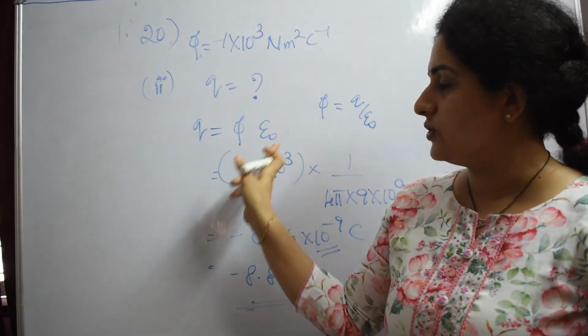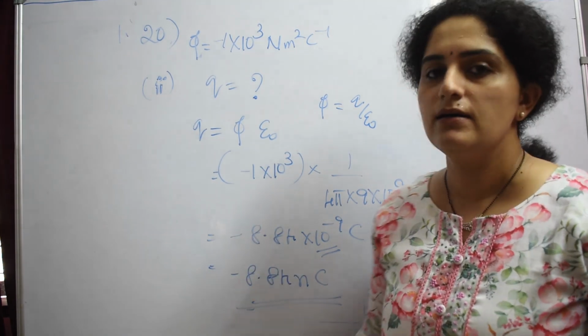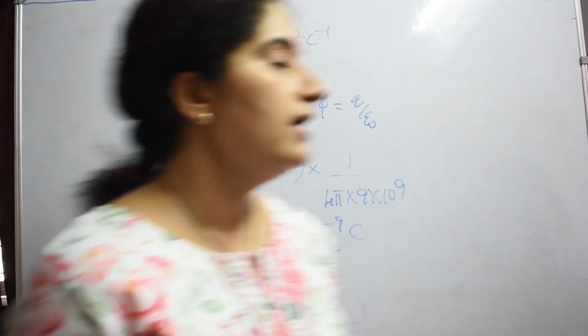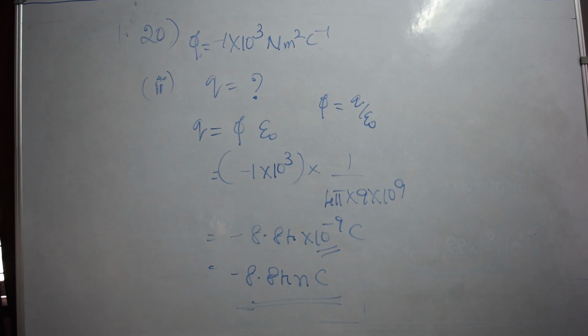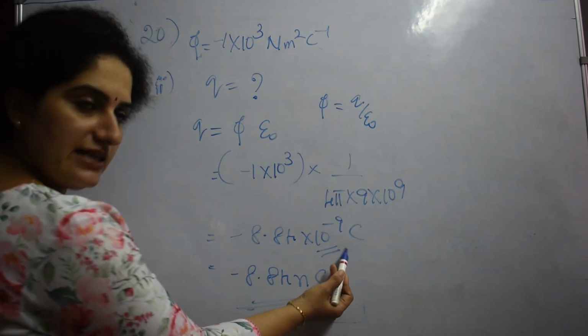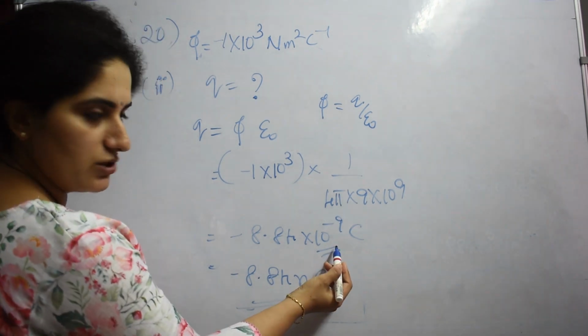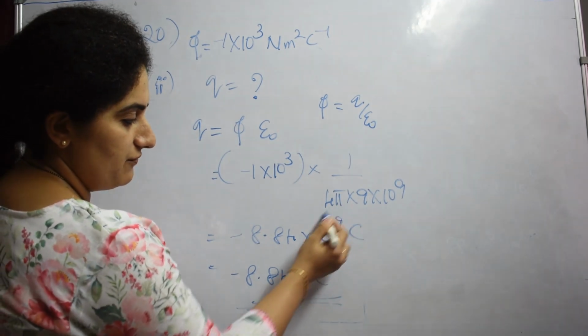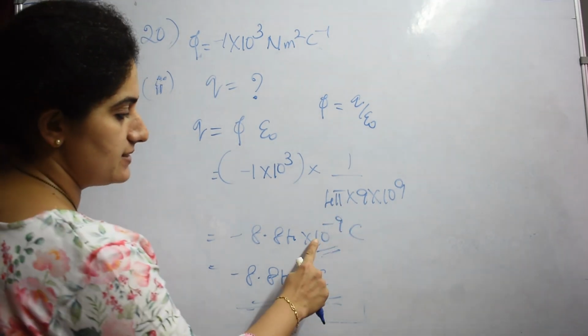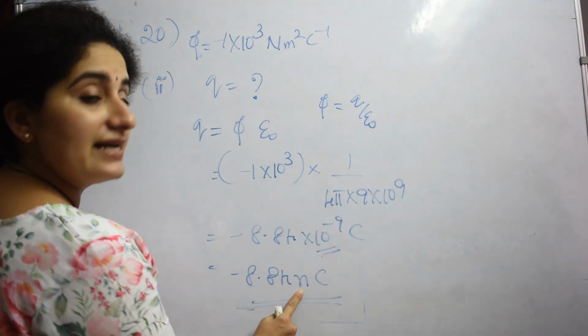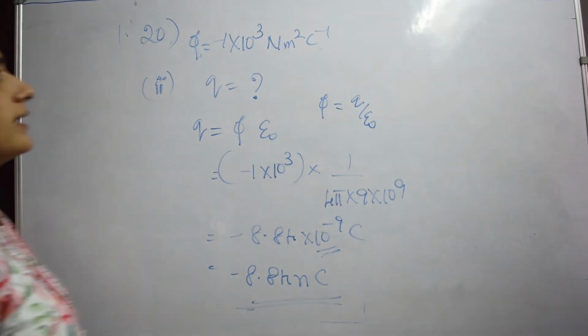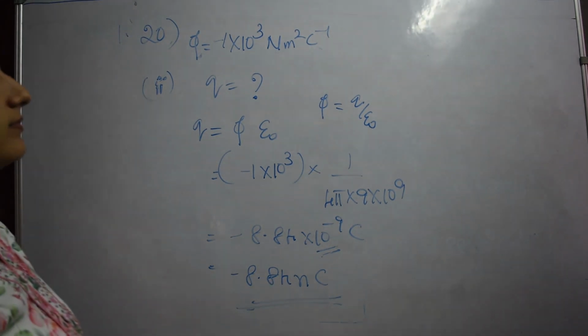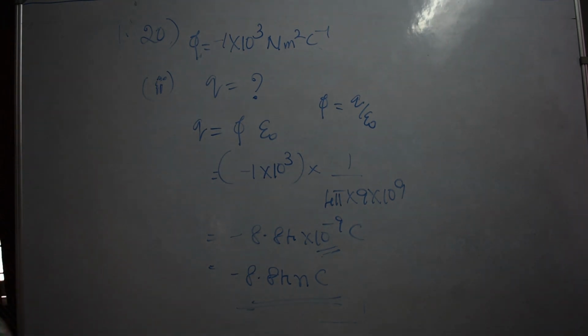So phi is equal to Q by epsilon naught, substitute the values which are given and then get the answer. And if you write up to here, that is also fine, but you can simplify the unit further as 10 to the power minus 9, writing as nano. Okay. Next is 1.21.